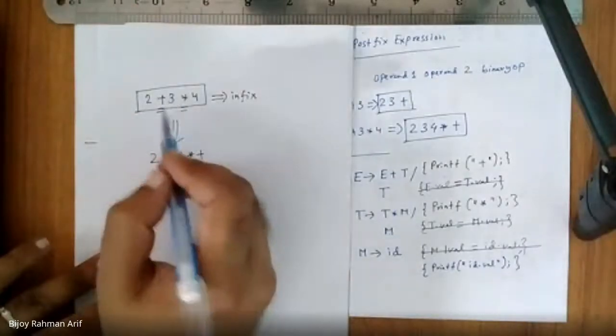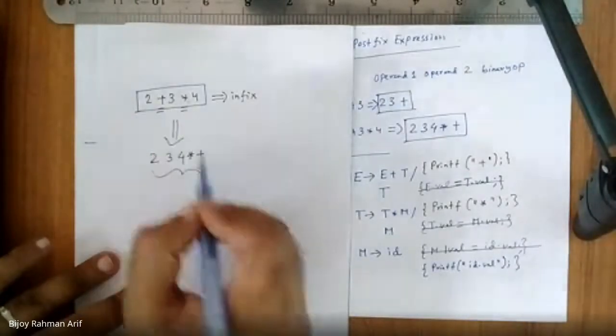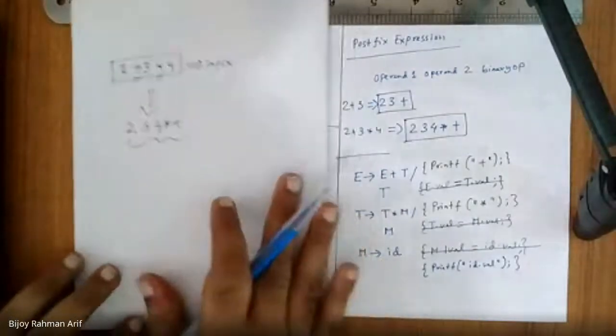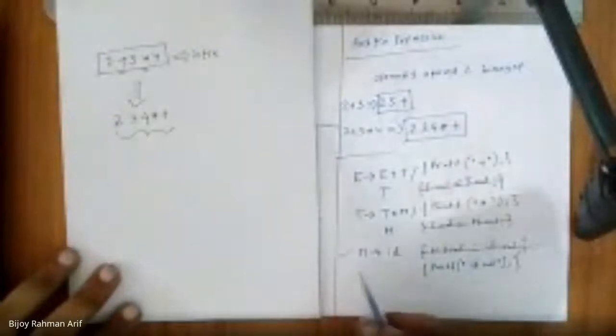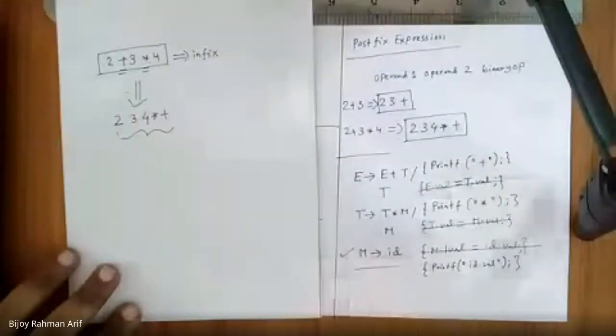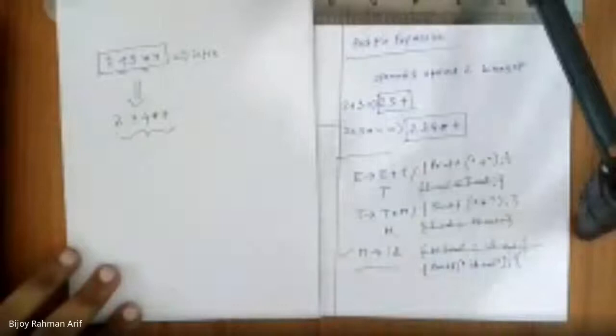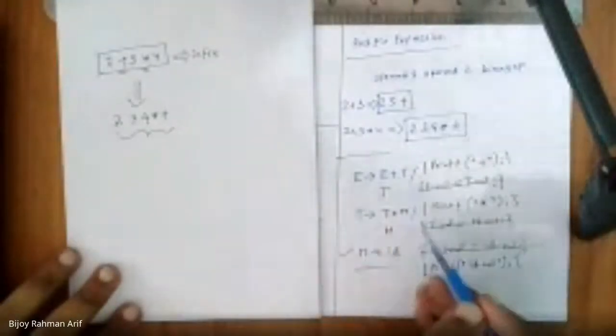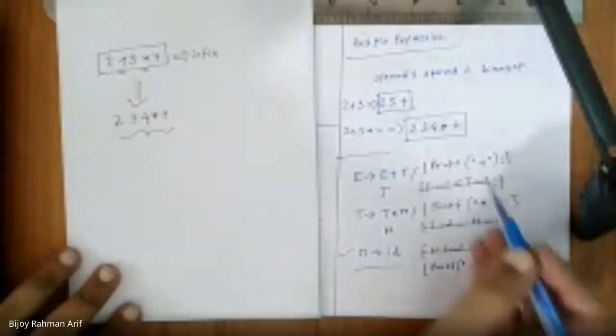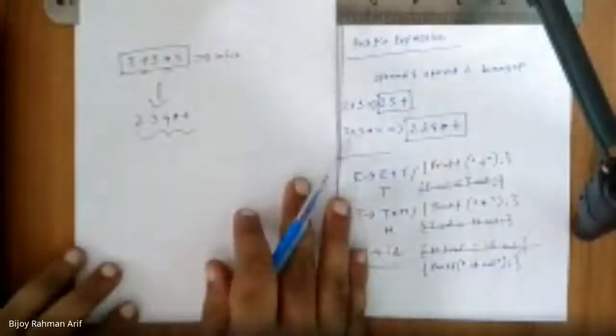Then what is the highest among these? Star, then plus. So if we write the action this way, definitely we are going to hit this line first. That's why we are going to print the value of the ID first. Then, as star is in a deeper position than plus, star is going to be printed first, then plus. So let's draw this.